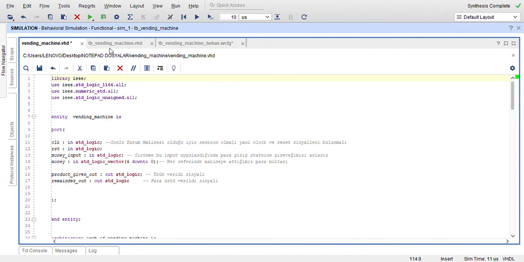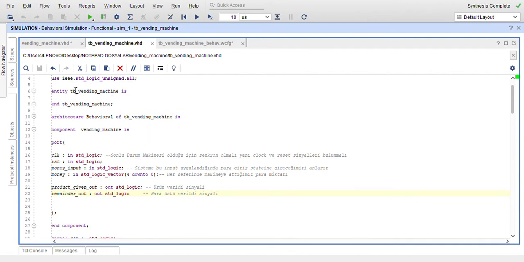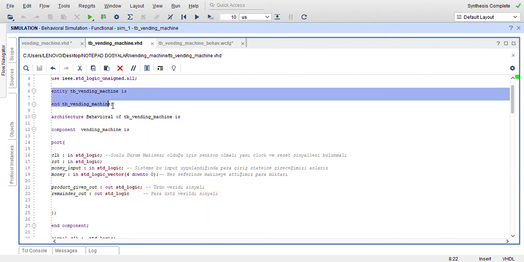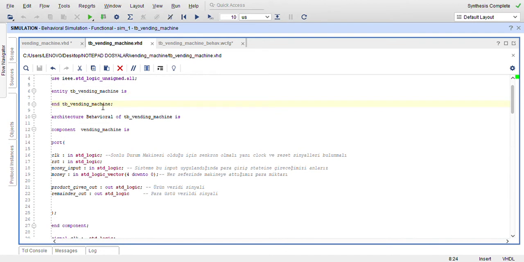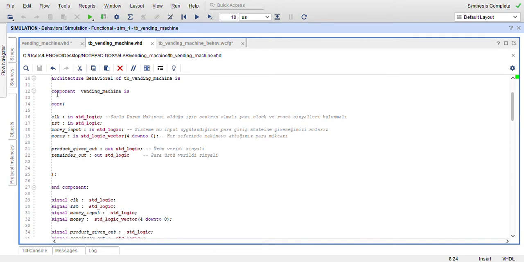So the next step, we need to write the test bench. We add our libraries and write our empty entity. Then in the architecture section, we have to write the component. Writing a component is very easy.